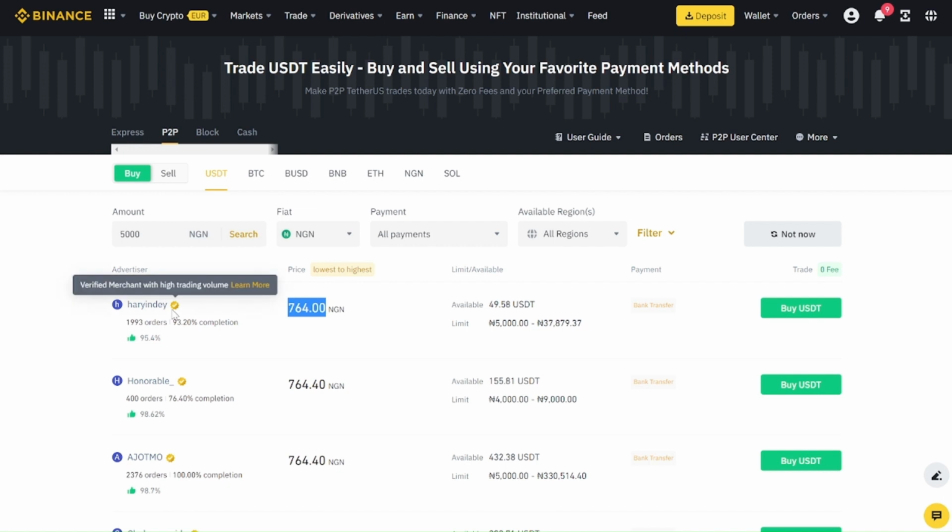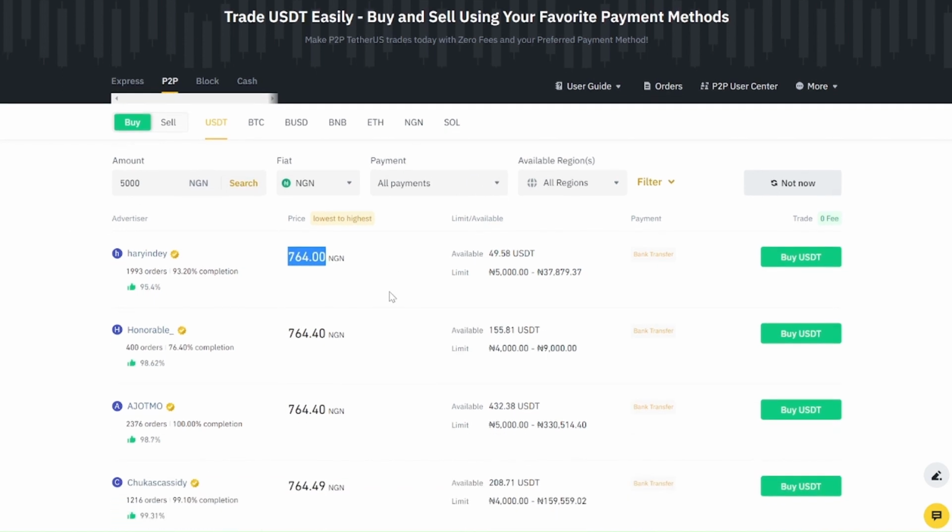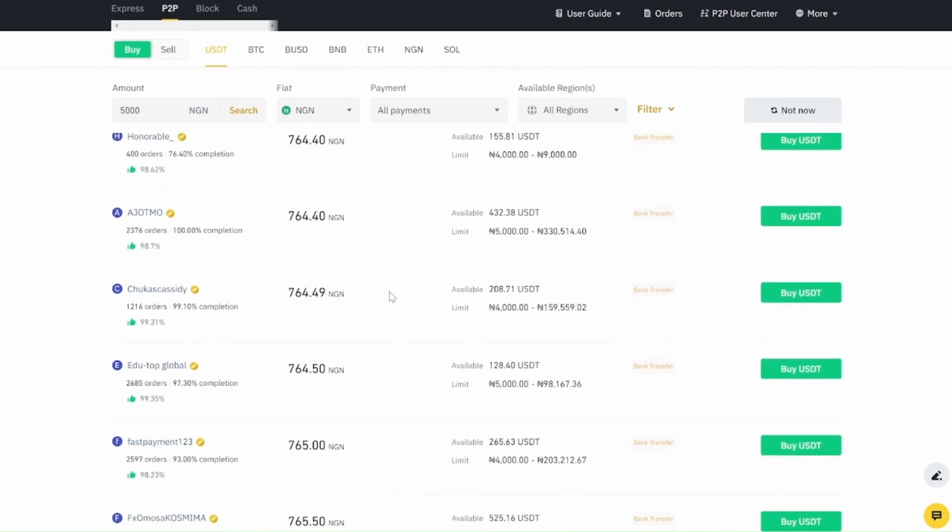So remember, if you are a verified merchant with high trading volume, you'll be able to have this high volume, so you can make 10 trades, 20 trades, 30 trades in a day. It depends on how many trades you are able to make. That's how much you'll be making every day. So that's how this P2P arbitrage on Binance works.